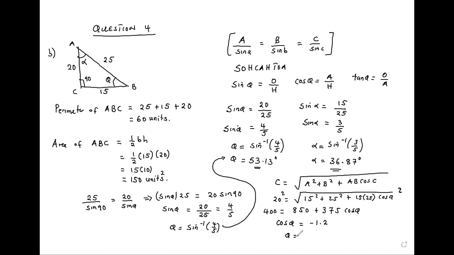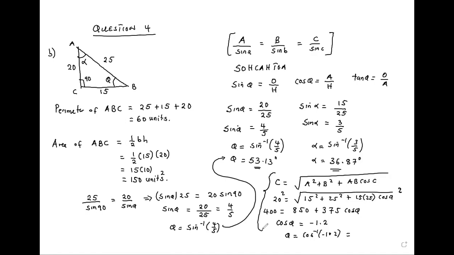So theta is equal to cos inverse of negative 1.2. Let's see what comes out. What is cos inverse of negative 1.2? There is a math error. So you cannot get that for cos. So it means that you cannot use the cosine law.